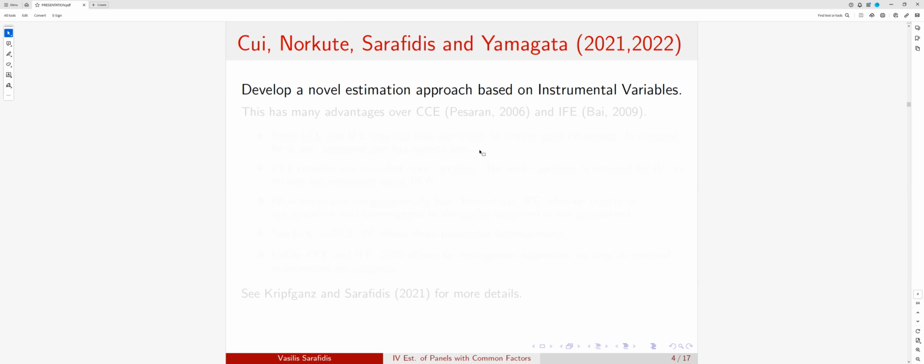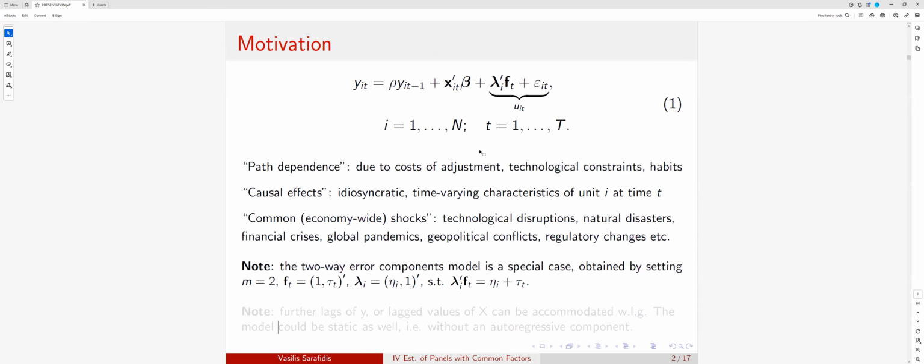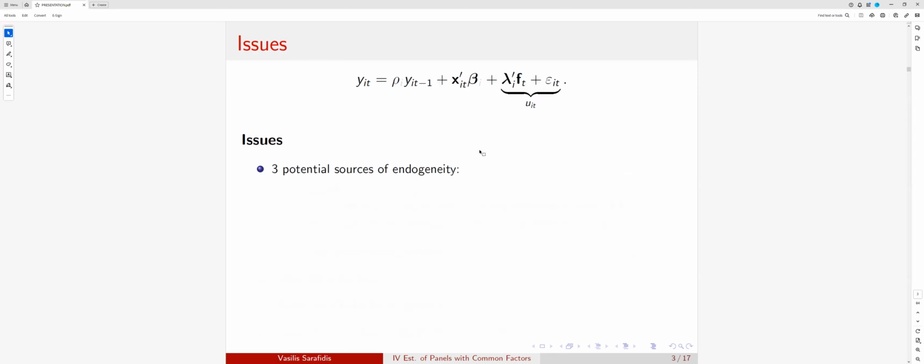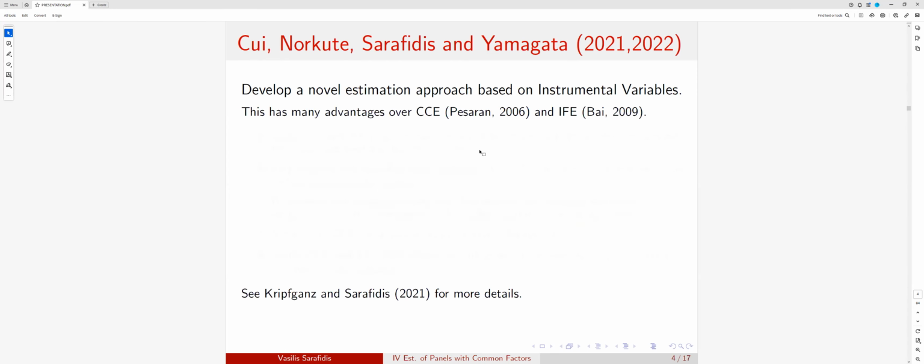For this type of model, two methods have dominated the literature, which have been put forward in the seminal papers by Pesaran 2006 and Bai 2009, giving rise to the so-called common correlated effects or CCE estimator and the interactive fixed effects estimator respectively.